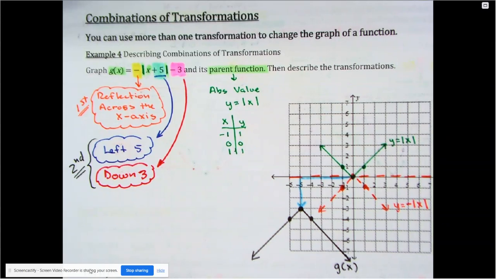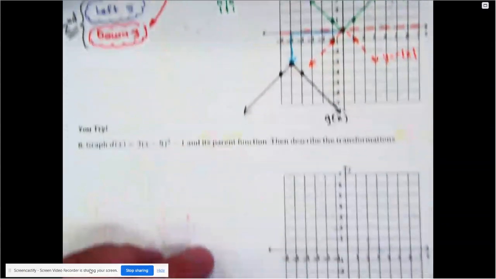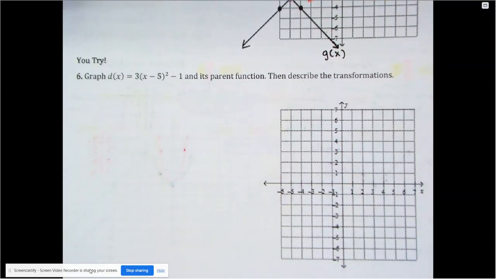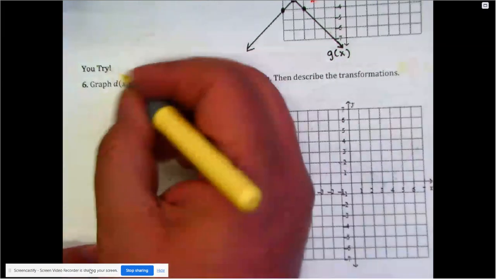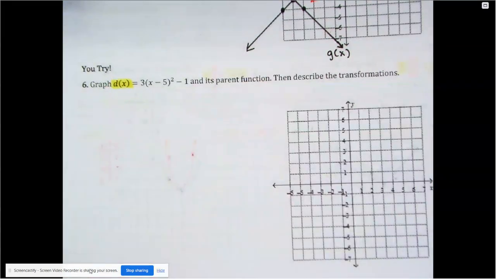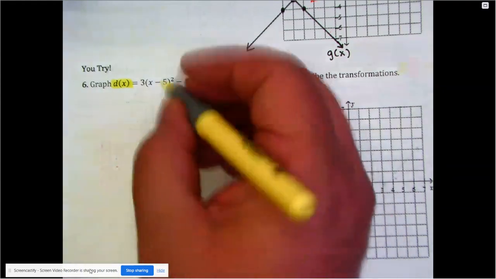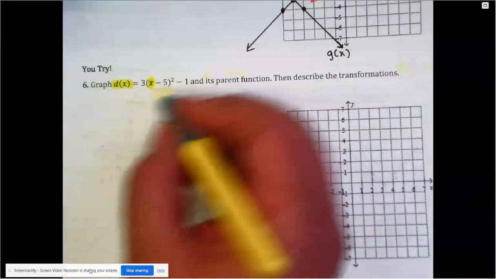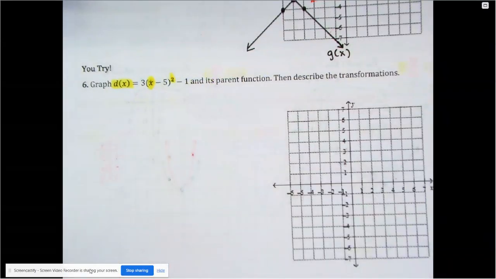All right, last problem here of the day. Let's do one more example, and it says you try. We're just going to do it together first. So now we're graphing d of x. Remember, d of x, d is just a name. We could call this the David function, right? The Denise function. There's the y. Here's the x. But if you notice that x is surrounded by a power of 2.